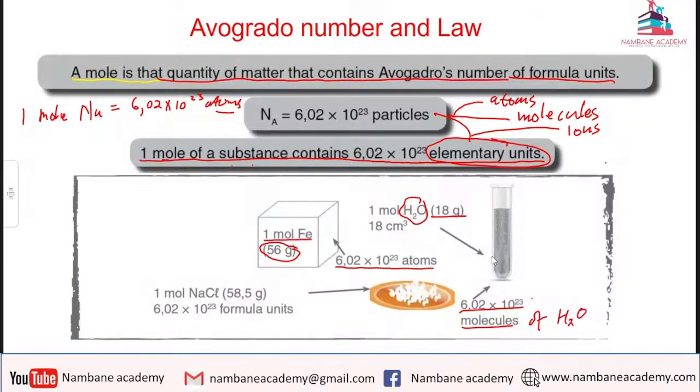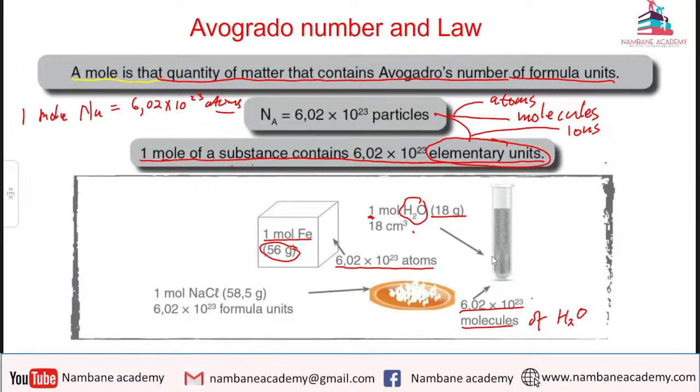So in every 1 mole, ladies and gentlemen, I am going to have 6,02 multiplied by 10 to power 23. But it will only start changing when I change the number of moles.